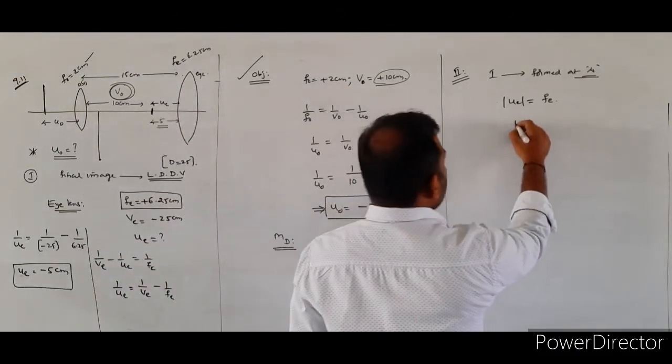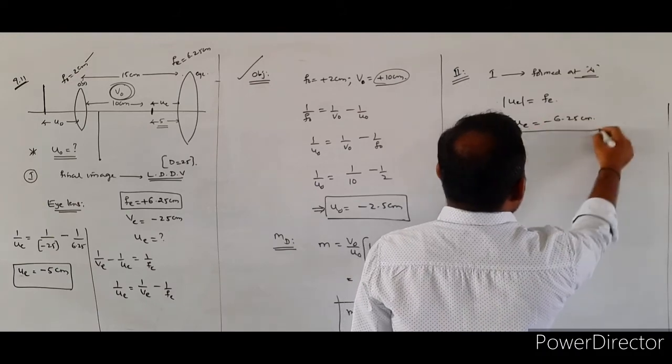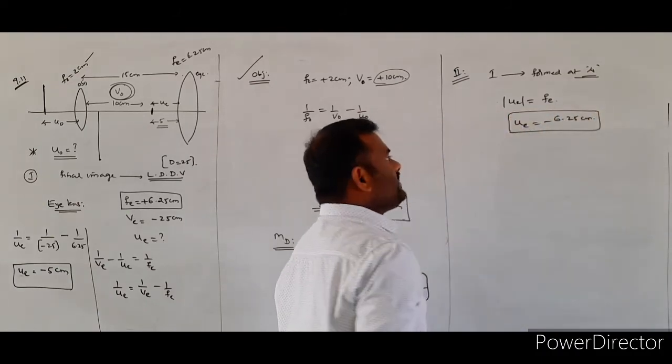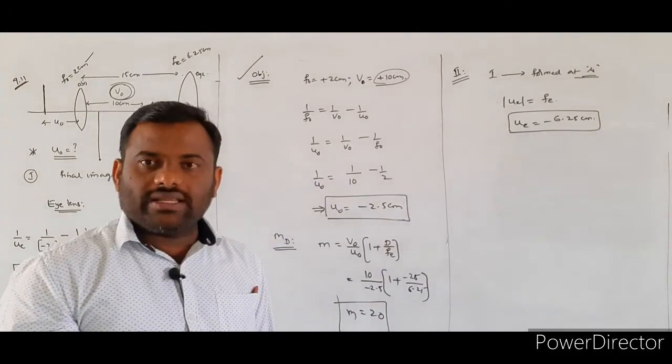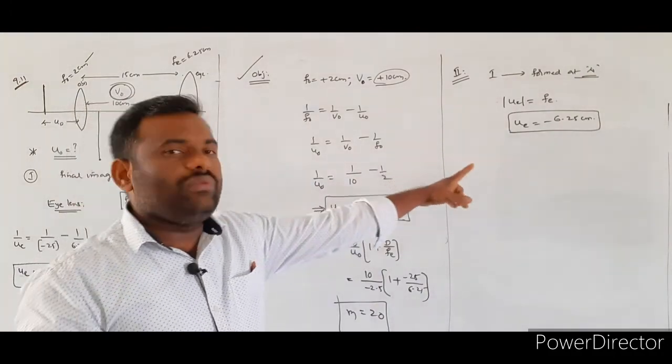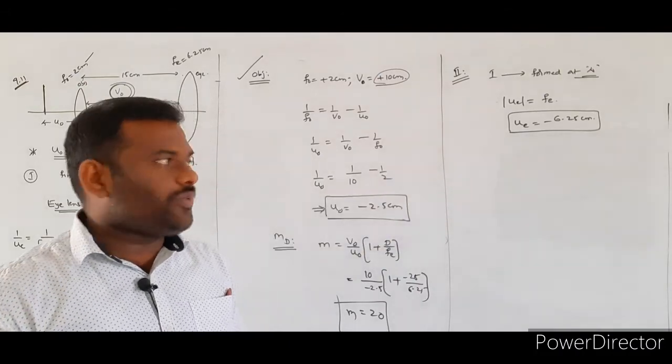So therefore UE is equal to minus 6.25. For the eyepiece, the eye lens, whenever the final image is formed at infinite distance, UE is equal to minus 6.25.